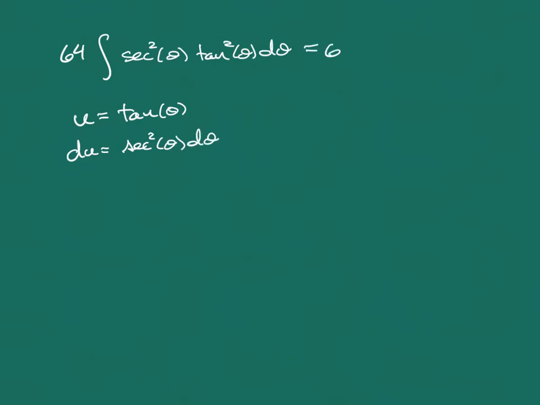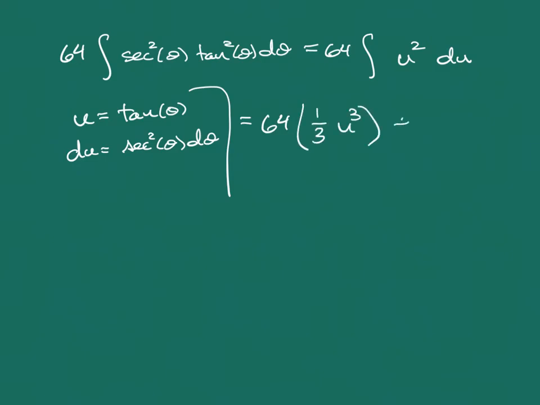So this becomes 64 times the integral of u squared du. Integrating that, I get one third u cubed plus C, which ends up being 64 over 3 times tangent cubed theta plus C.